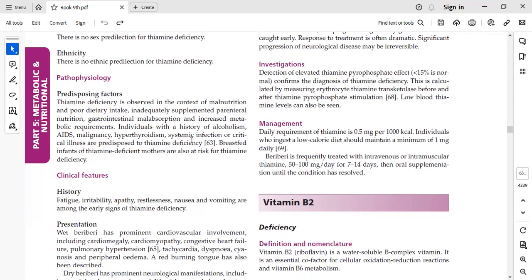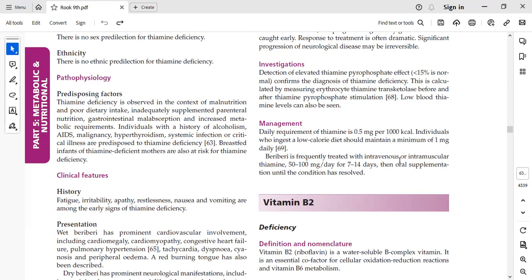Why? Because thiamine is involved in metabolic processes involving carbs, lipids, and proteins. Whenever there's deficiency, there is less metabolism of these macronutrients and lesser production of energy. The patient will be lethargic, apathetic, with loss of emotions, and irritable. There's going to be nausea, vomiting, and also features of glossitis in thiamine deficiency.